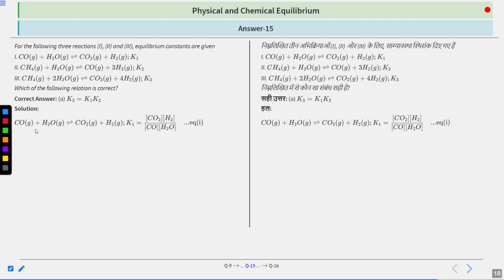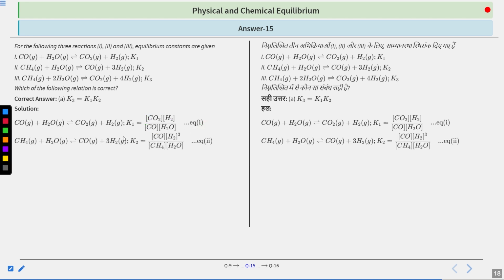If we write CO plus H2O giving us CO2 plus H2, then what will be K1 here accordingly? It will be concentration of reactants divided by concentration of products. This is equation 1. For equation 2, we will write K2 as concentration of CO multiplied by concentration of H2 whole cube, because there is 3 as the stoichiometric coefficient, then concentration of methane and concentration of water.